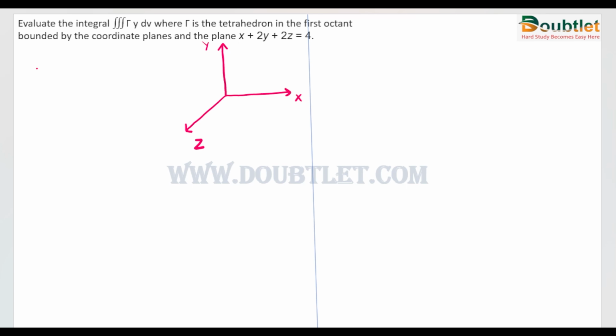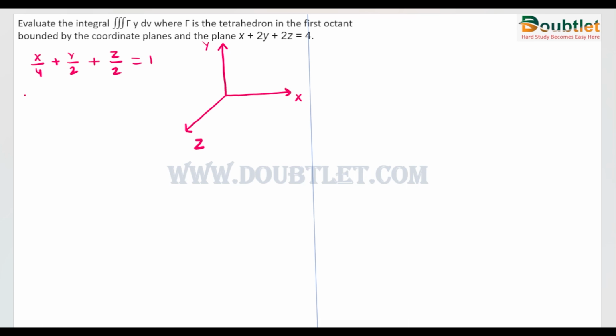To find the intercepts of this plane on these coordinate axes, we will divide all these terms by the constant. So x divided by 4, 2y divided by 4 will become y divided by 2, and z will become z by 2, equal to 1.